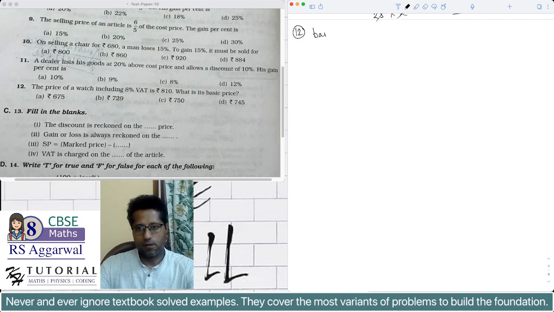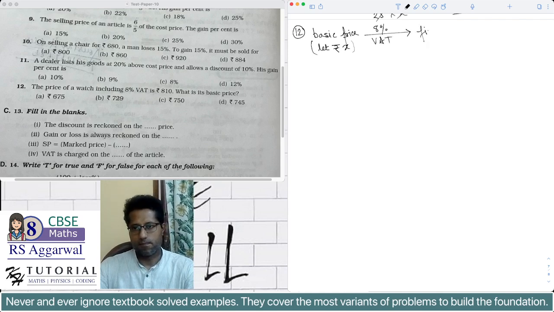So if we have basic price, let that be rupees X. From the basic price, there is a VAT of 8%, and we have the final price.